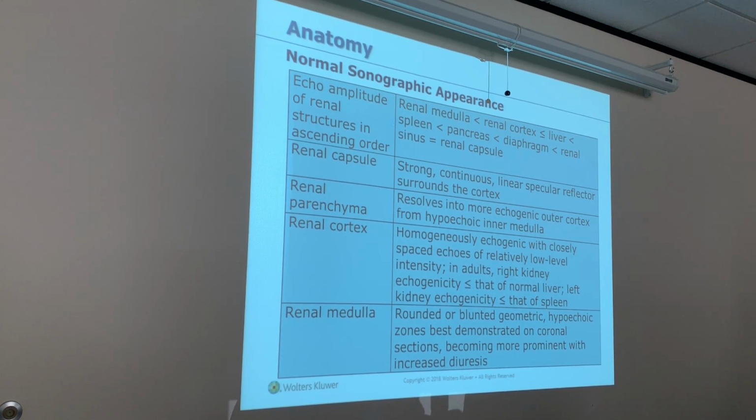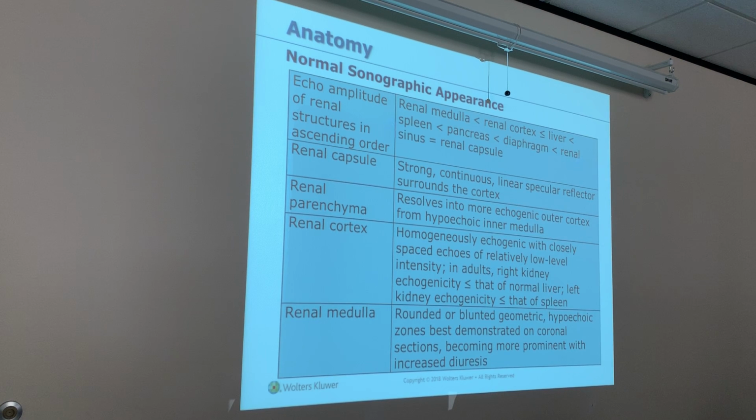Okay? The renal cortex is homogeneous. Diabetic people, older people, the arcuate arteries can calcify. And then you'll have little hyperechoic non-shadowing ditzels in that area.